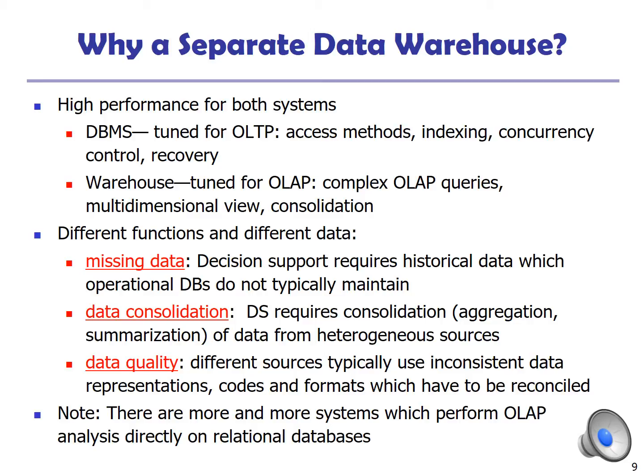So once again, there are different functions for both the operational database and our data warehouse, and that is why we have separated the data out. And of course, the type of data stored in both databases is also different. In order to do decision support in a data warehouse scenario, we need historical data, that is, data over a very long period of time.